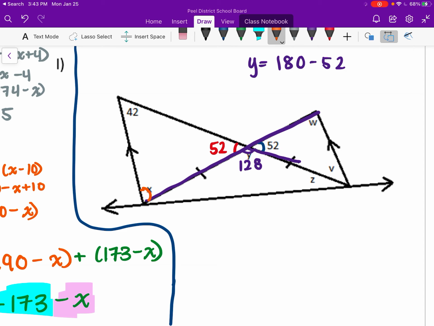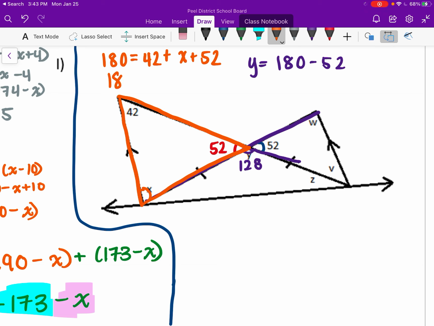Right? Now, if I have this 52 here, I can find the x really easily because I know the inside of this triangle here, and always look at this as a composite shape. I'm just going to change this so that it looks a little bit better. The inside of this triangle is going to equal 180, all the angles. So 180 is going to equal 42 plus x plus 52, which we just found, right?